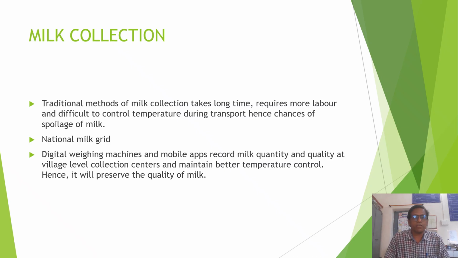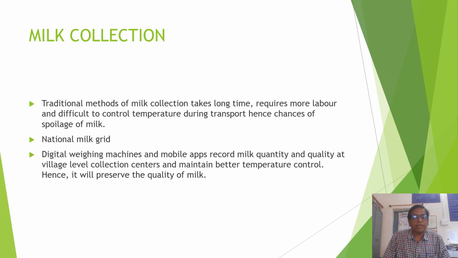Traditional methods include the use of bicycles, the head load method, or pack animals for transportation, and even bus, train or insulated tankers. It takes more time. Due to these problems, we are in a mood to search for new innovative ideas.